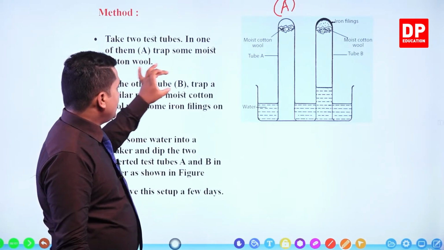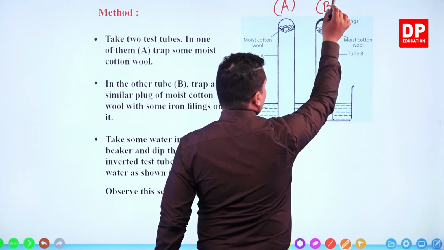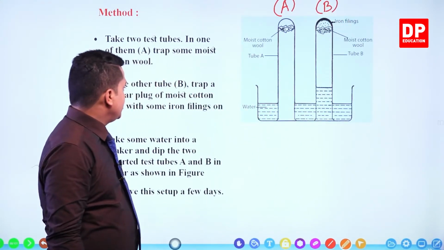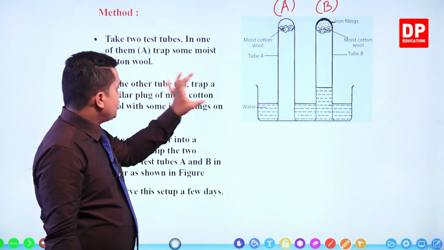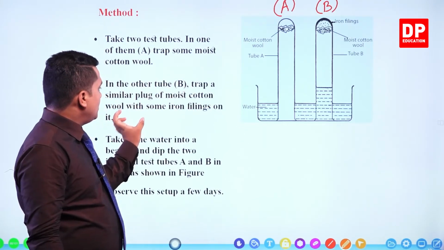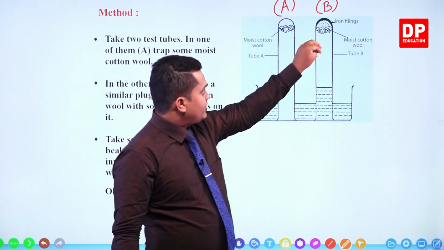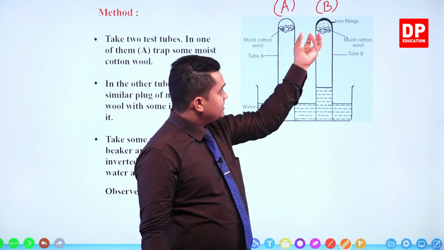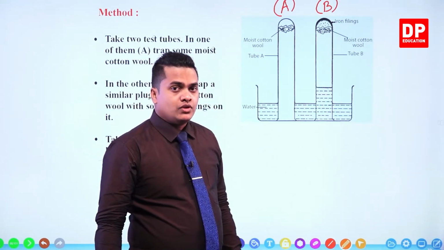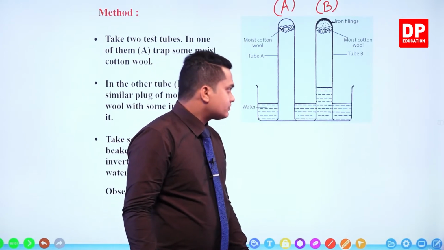So in the other tube, B, so here this is B, trap a similar plug of moist cotton wool with some iron fillings on it. Now we have to insert some iron fillings and we have to insert the moist cotton wool into the system like this.